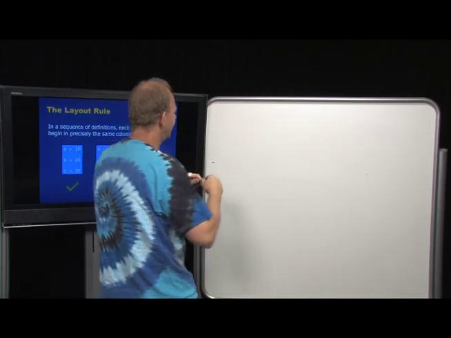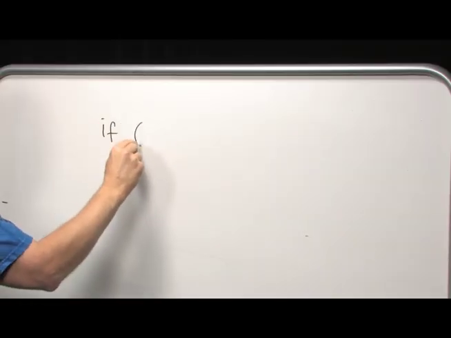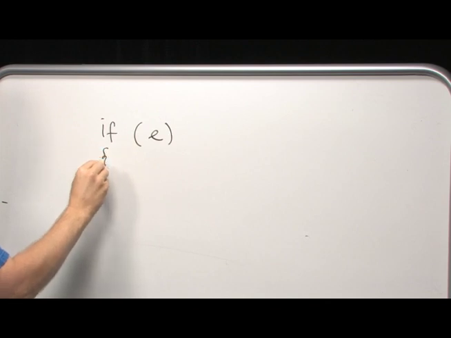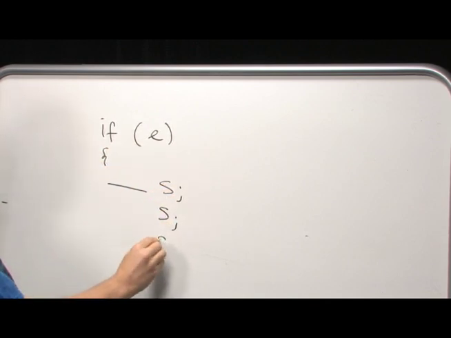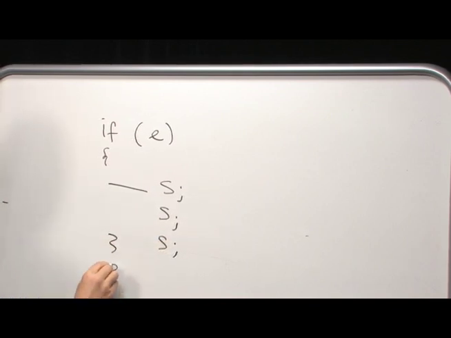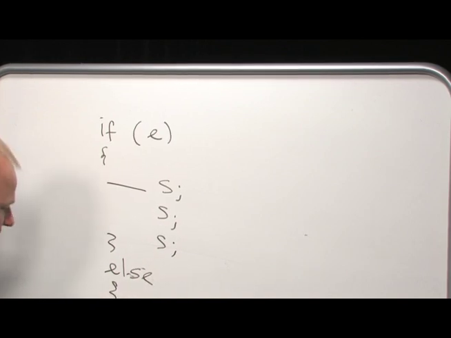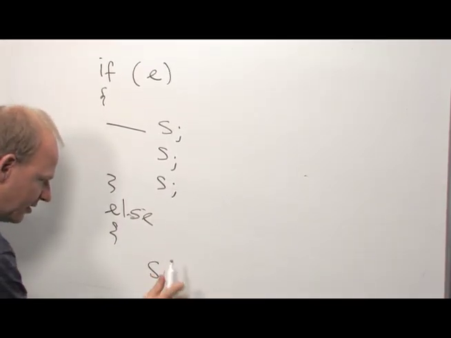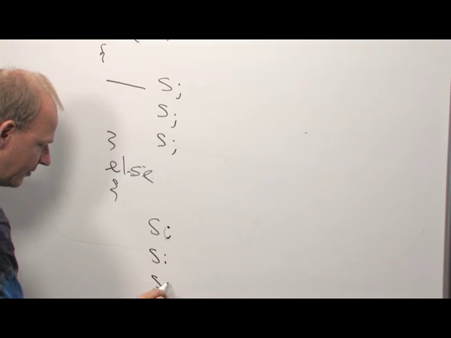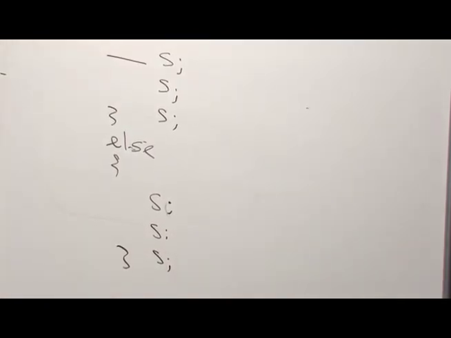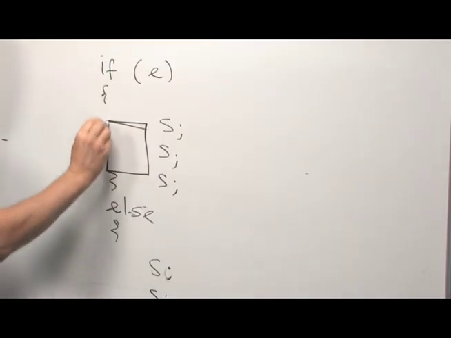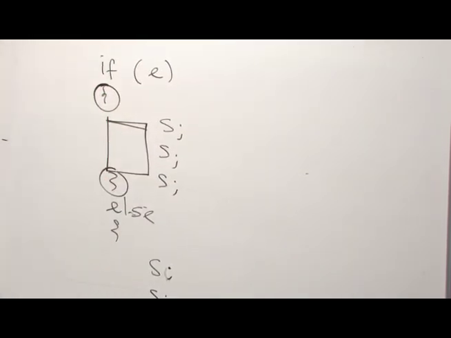If I write if E curly open, and then people usually write statement, statement, statement, curly close, else, curly open, statement, statement, statement. It's redundant if you look at it, right? Because you're using indentation and I'm using curlies to indicate block structure.